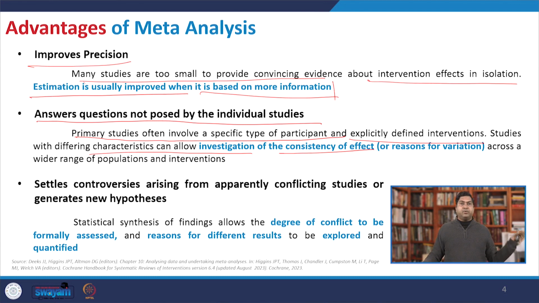Suppose I say there is a strong relation between income and the choice of parents to send their children to good schools and colleges. In such cases, maybe some of the studies say there is a positive correlation, while others find just the reverse. So there is some inconsistency.